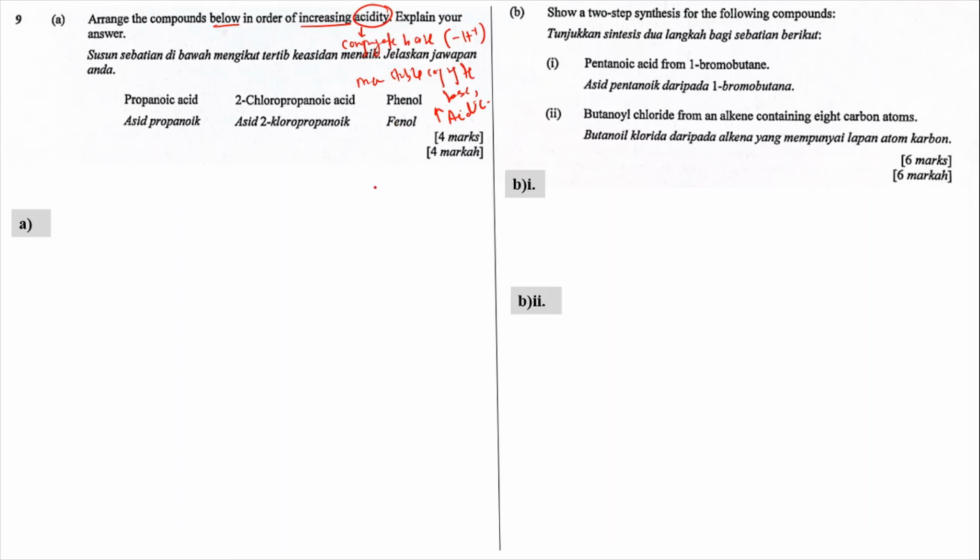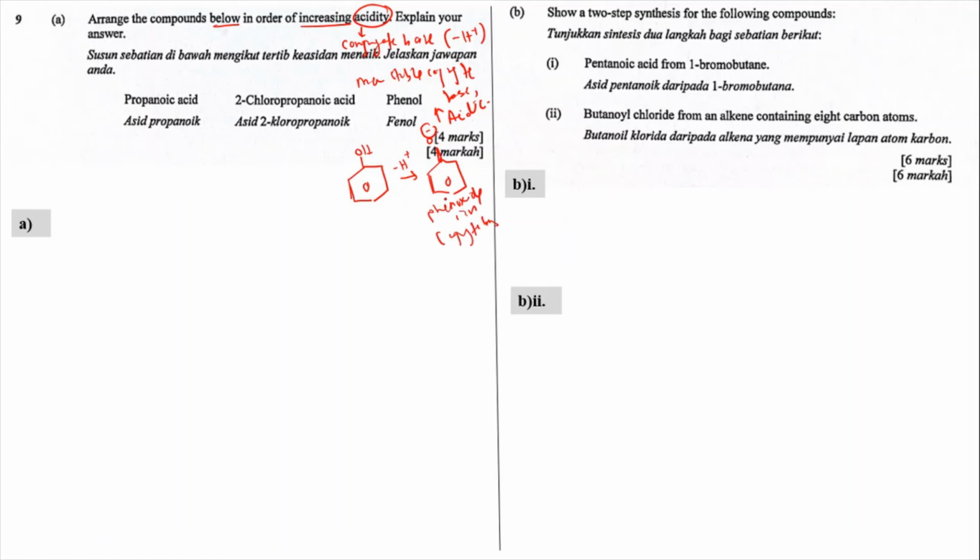So for phenol, this is the structure of phenol. When it loses H+, it's going to produce a conjugate base, the phenoxide ion. This is the phenoxide ion, and this is the conjugate base.